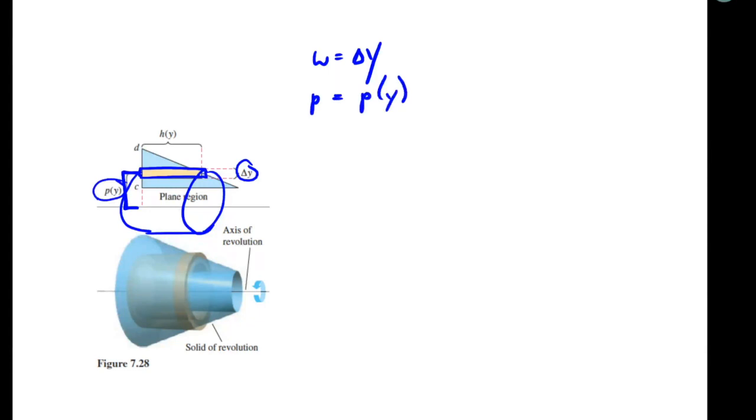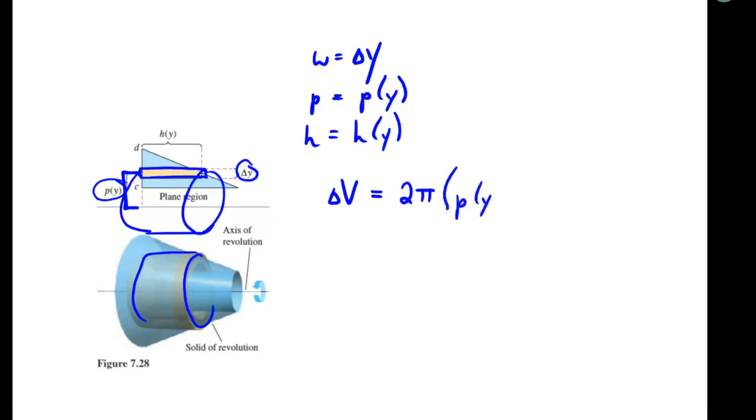H, how high it is, is actually a function of y. And so my one shell volume is going to be 2 pi p of y, h of y, times delta y. And that would be one of them.